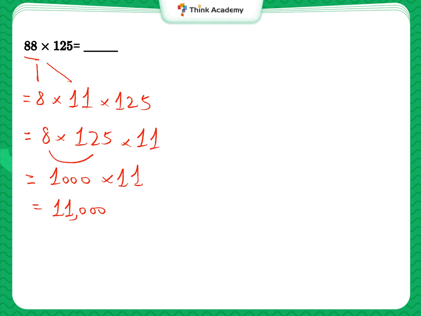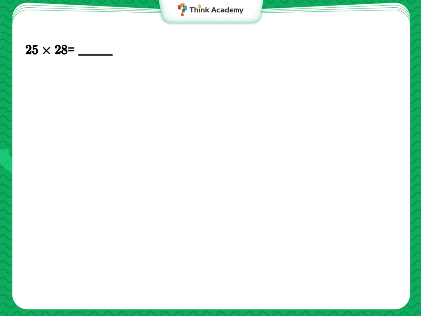And well, let's move on to the next one, the 75th question. So 25 times 28. Again, it requires you to remember a number pair here, which is 25 and 4. So as long as you see 25, you can relate it to 4, where these two numbers multiply to 100.